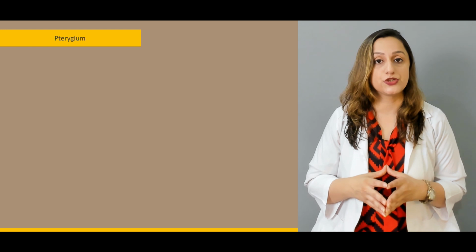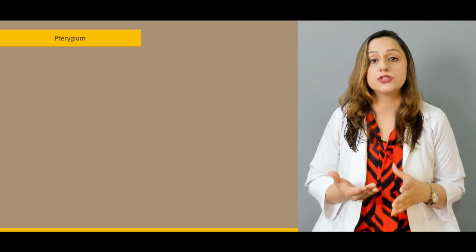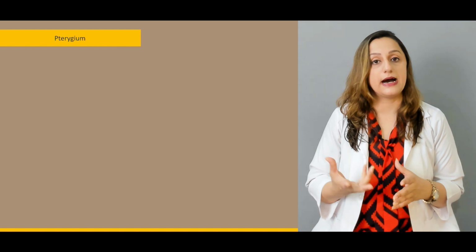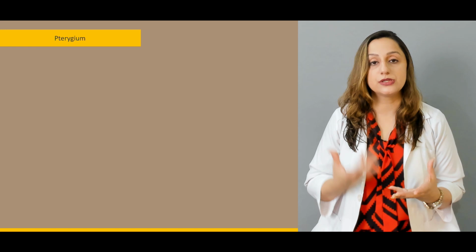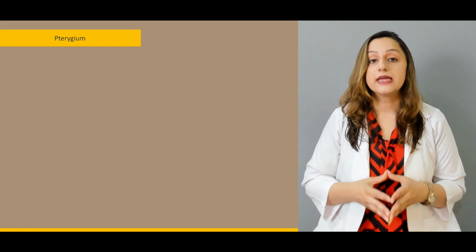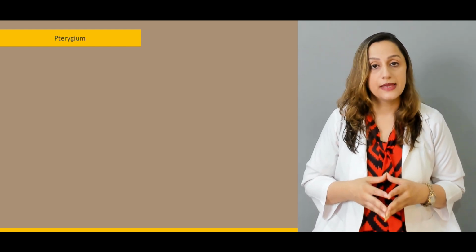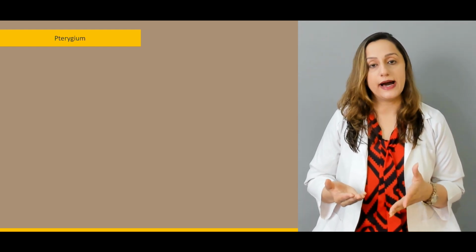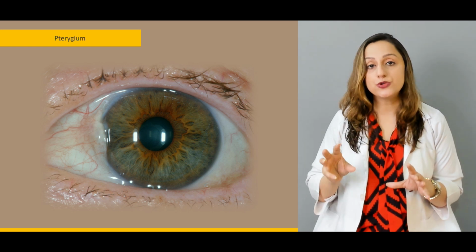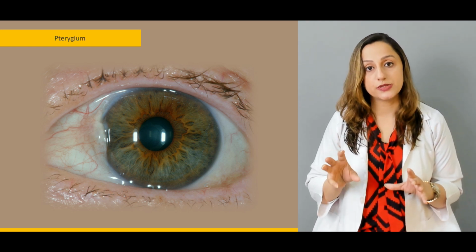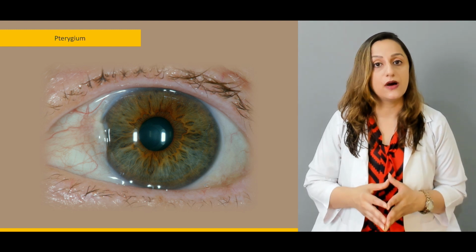The patient of pterygium would give you complaints of foreign body sensation, irritation, redness, increased lacrimation, and obviously a lot of patients would also complain of decreased visual acuity. The cause of this decreased visual acuity is that whenever this triangular fold encroaches upon the cornea of the individual, it is going to affect the visual acuity as well.